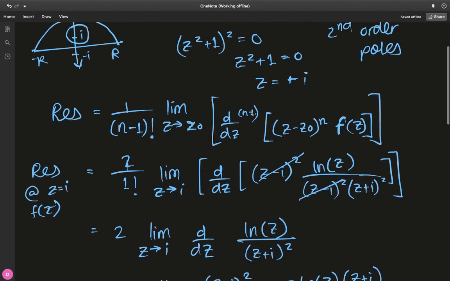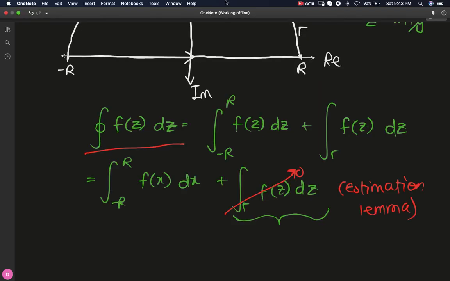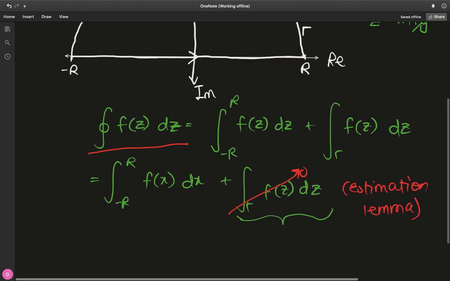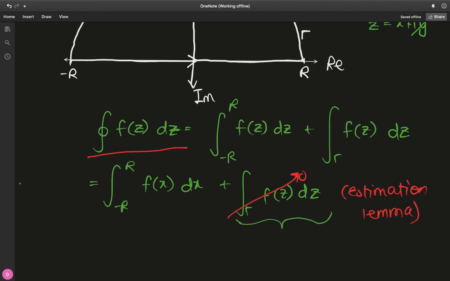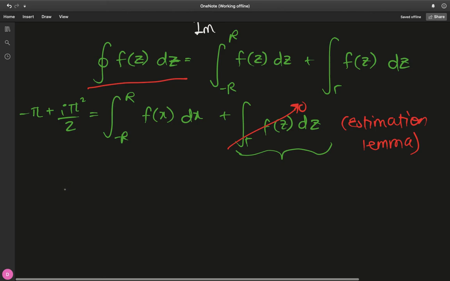Now let's go back and plug this into our contour equation. In place of this contour integral of f of z dz, we just have minus pi plus i times pi squared over 2. And since we took the limit over here for estimation lemma, let's take the limit again.